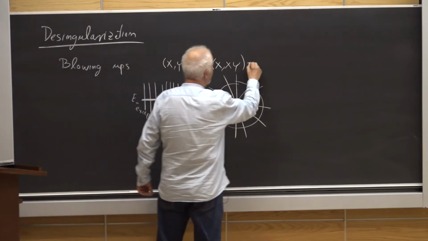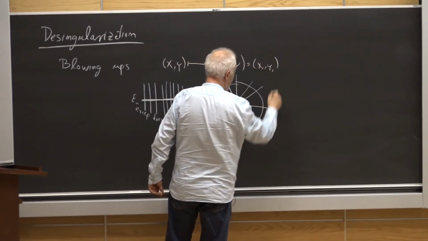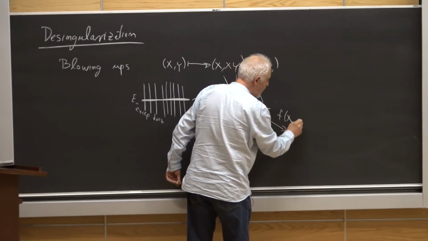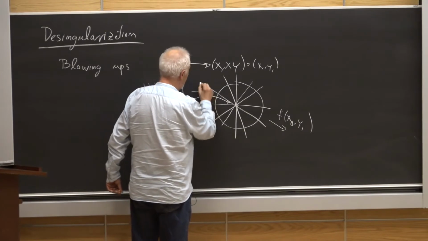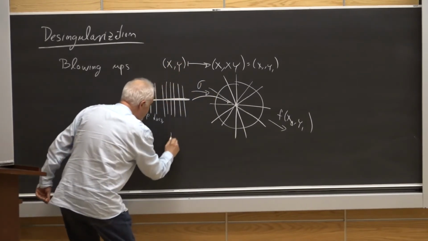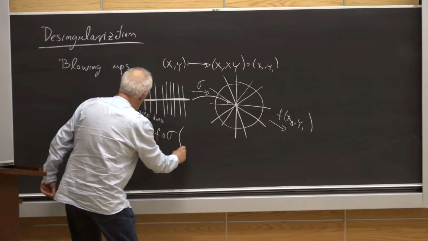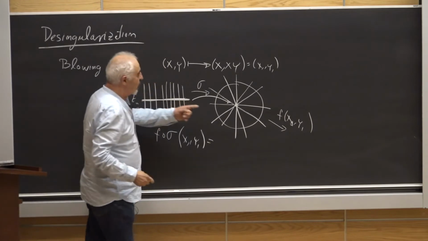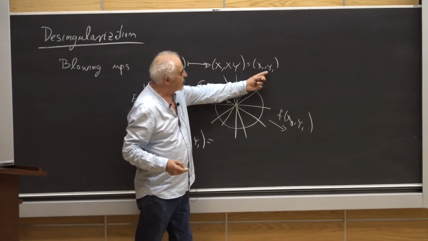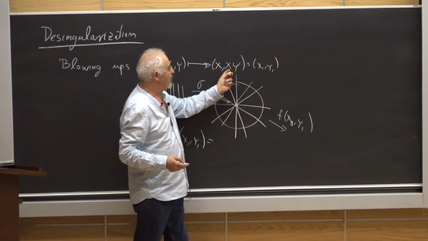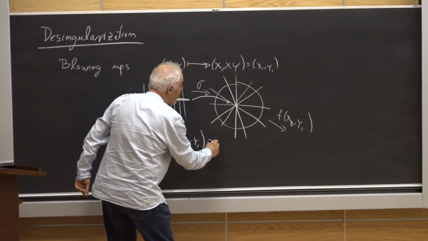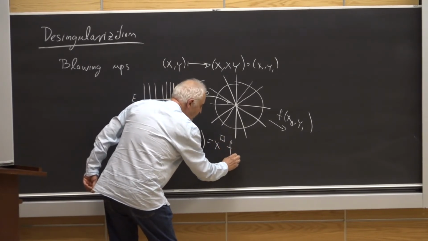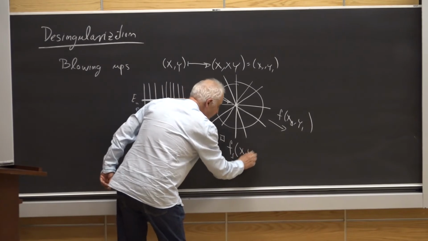Now, here we have coordinates x1, y1. So if here we have a function f of x1, y1, so this is this blowing up process sigma. So this sigma applied to f on x1, y1, then every time we see x1, we put x, every time we see y1, we put xy. So in the end, we're going to have a big factor of x, and then here we will have some f1 of x, xy.